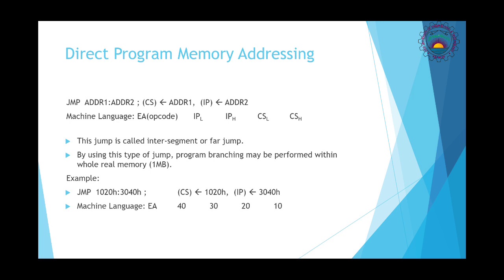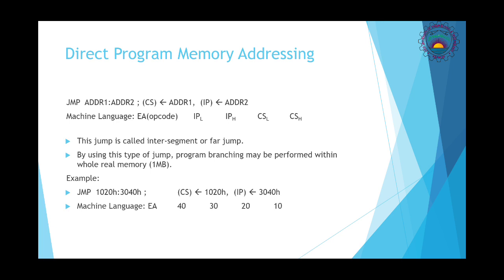First one is direct program memory addressing. The general format for the jump instruction of direct program memory addressing type is that written here in this slide: JMP address 1 colon address 2. So there will be two 16-bit addresses separated with a colon sign, written with the JMP mnemonic.